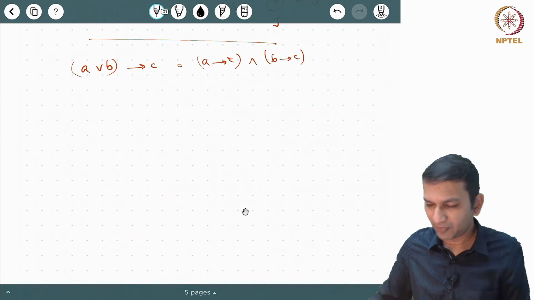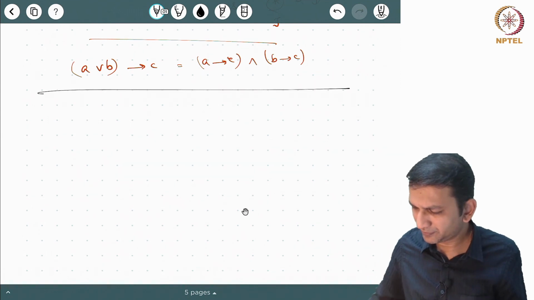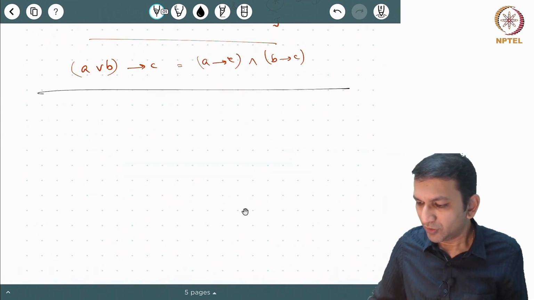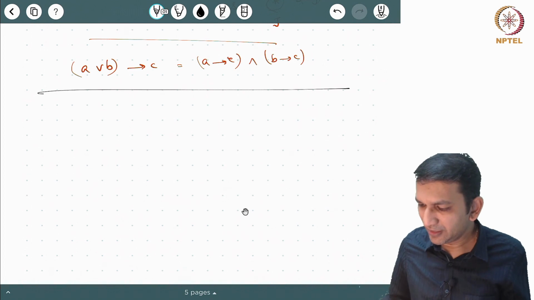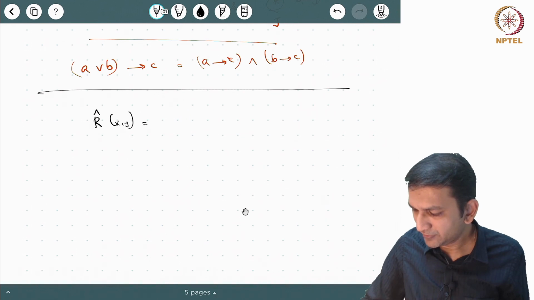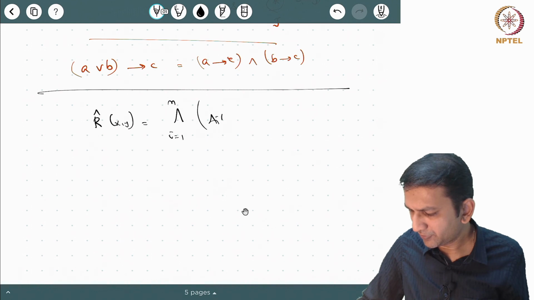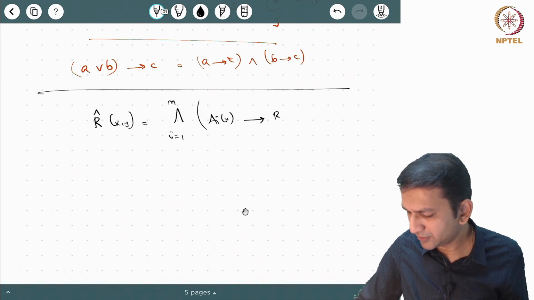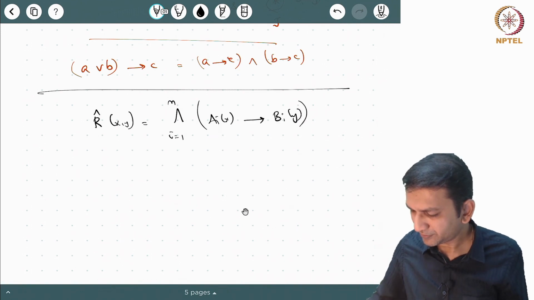So we need to show that FRI is also an SBR, and what we are given is R cap of xy, which is the conjunction over i equal to 1 to n of the value of x implies the value of y.